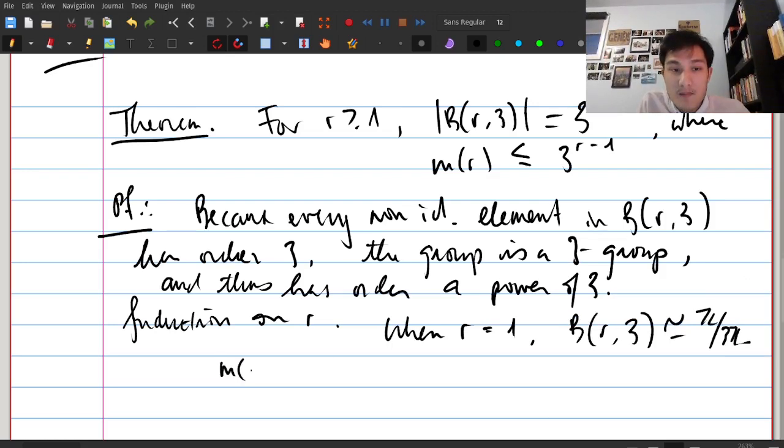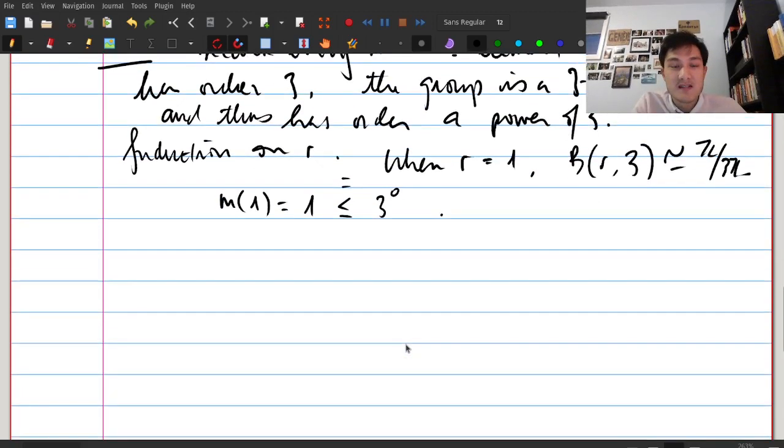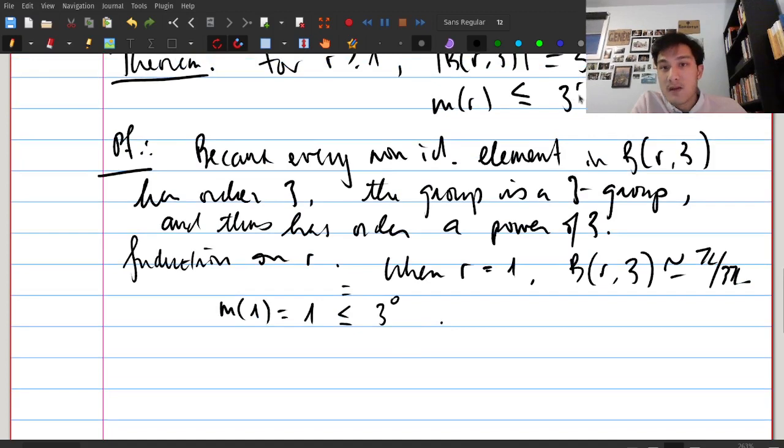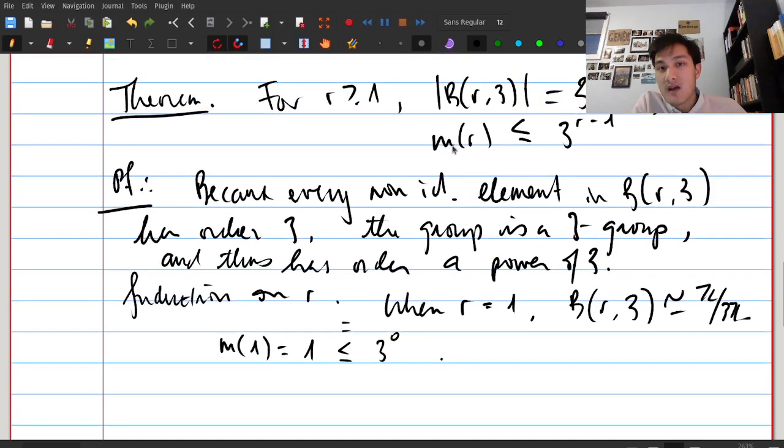We have m_1 equal to 1, which is less than or equal to 3 to the r minus 1, where r minus 1 is 0. In fact, it's equal. That's the base case. Now that we've proven the base case, we just want to show that m_{r+1} is less than or equal to 3 times m_r, and we would show the general case.